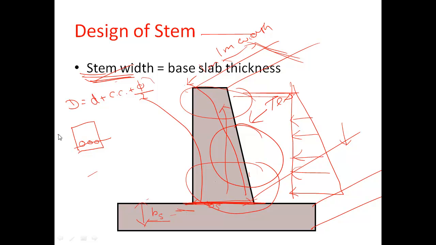The overall depth is the top to bottom depth. The effective depth is from top to the centroid of the reinforcement, and this portion is the summation of clear cover, and if the reinforcement has diameter phi, then phi by 2.